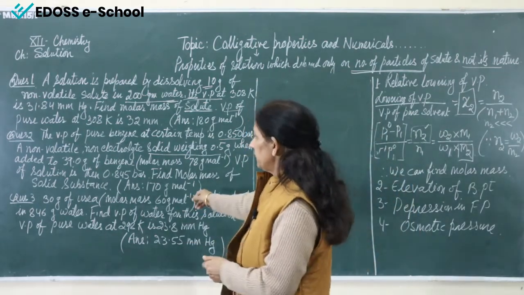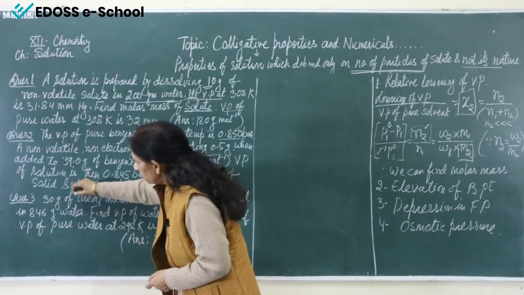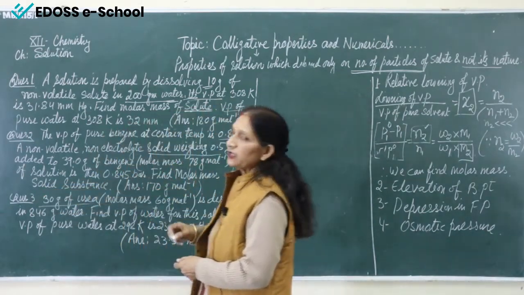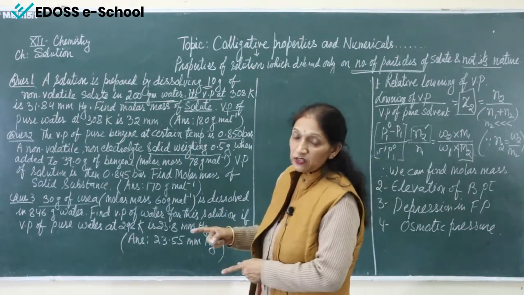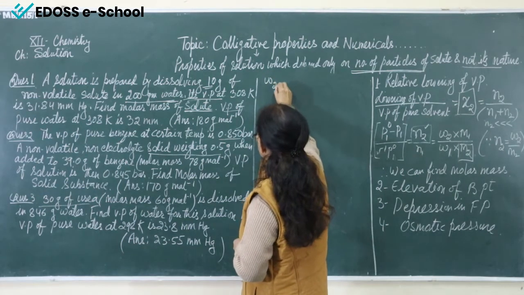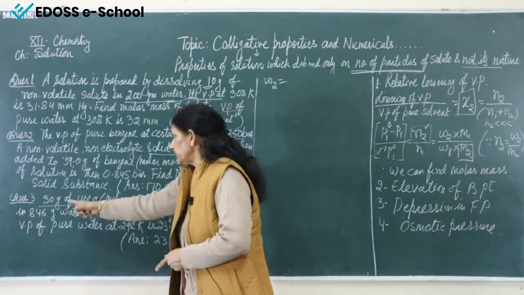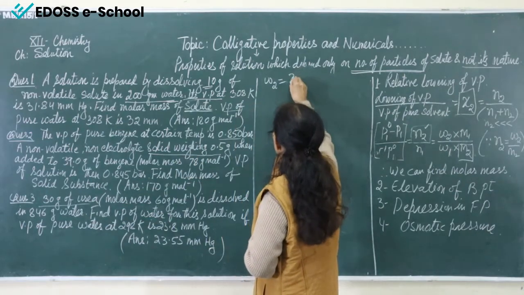Whatever is given. Now come to this value. 30 gram of urea. Urea means solute, so this is W2. Solute is W2, solvent is W1, remember it. So this is 30 gram.